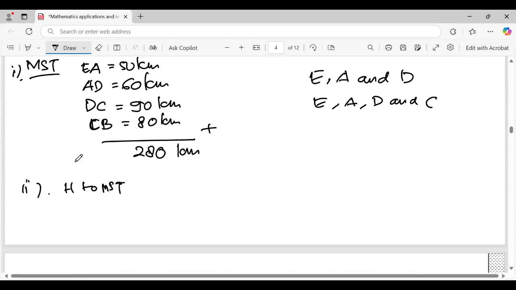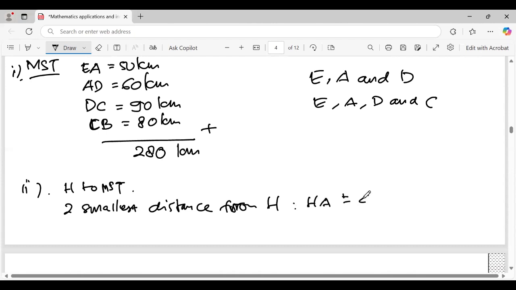From the table, the two smallest distances from H are HA, 40 kilometers, and HE, 70 kilometers.